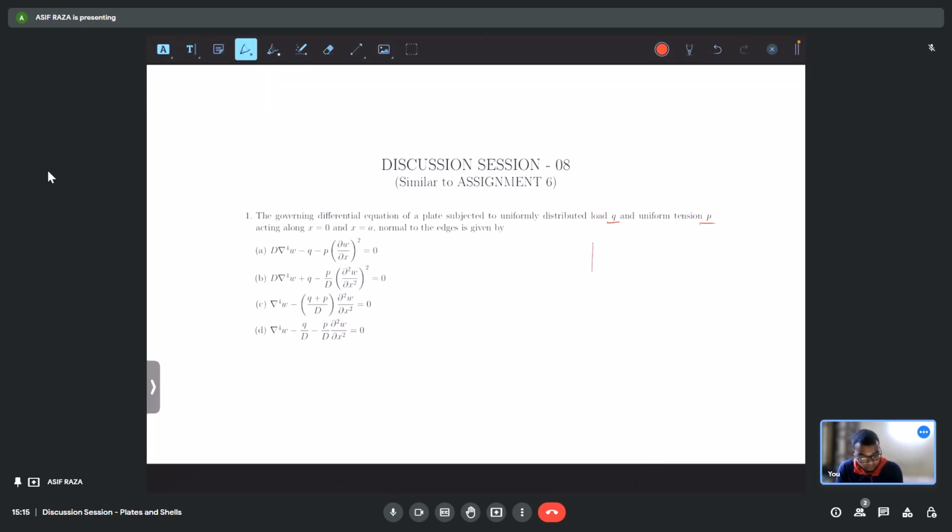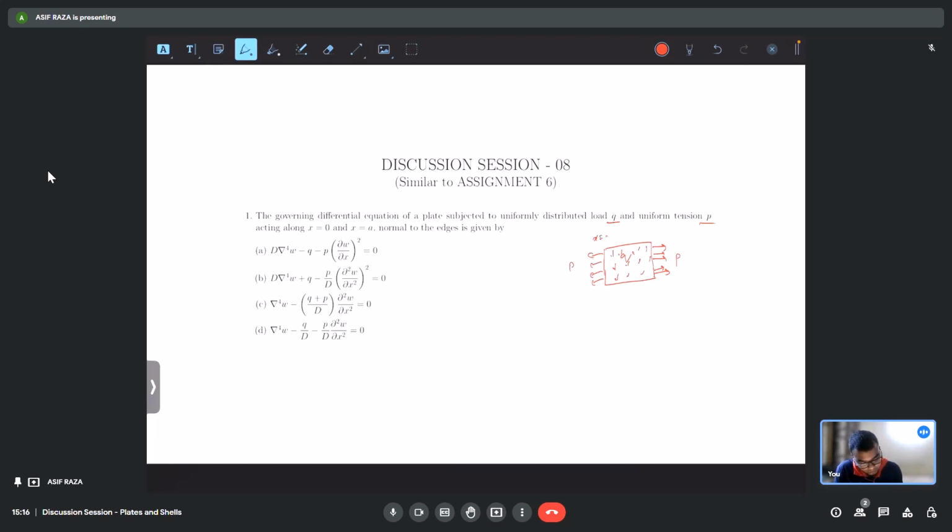So in this problem we are given a rectangular plate, and the load is uniform tension P on this, and there is a uniformly distributed load Q over the plate.